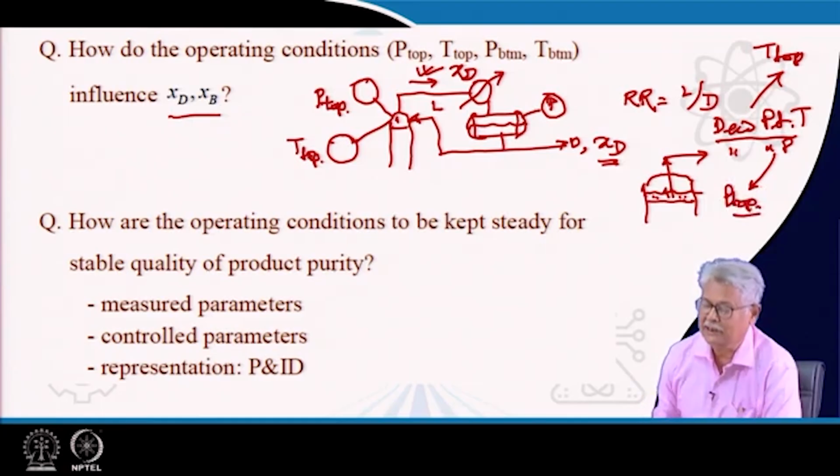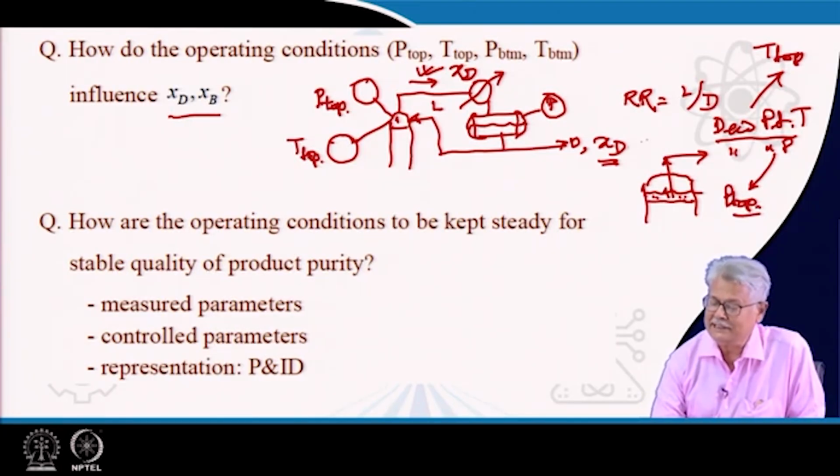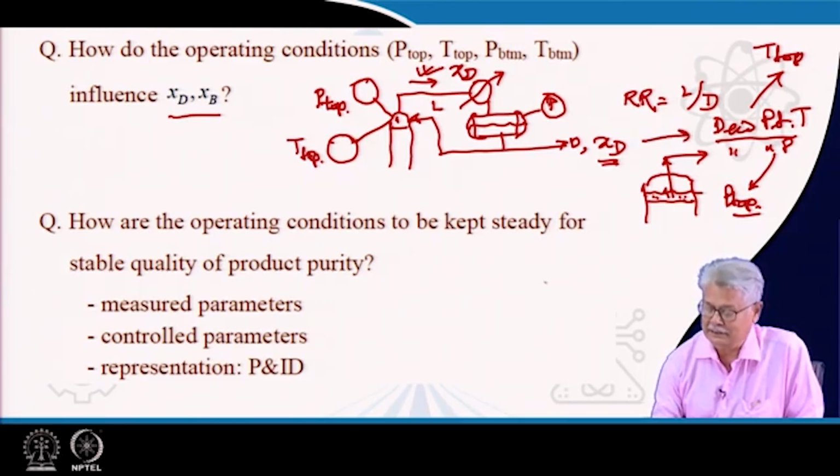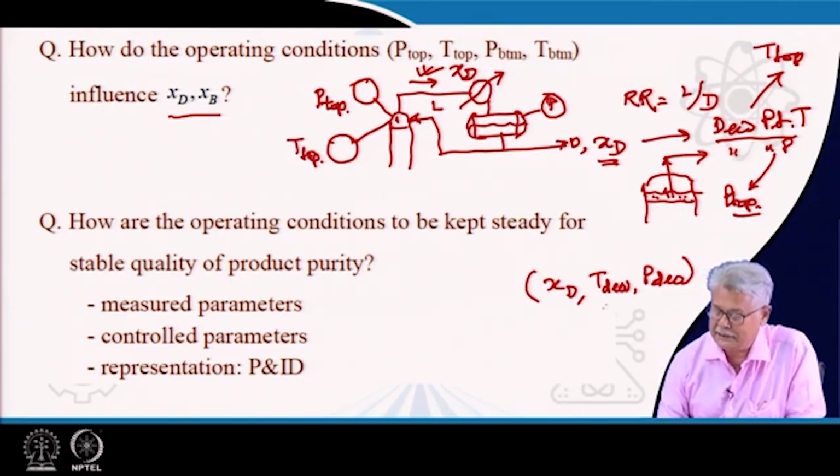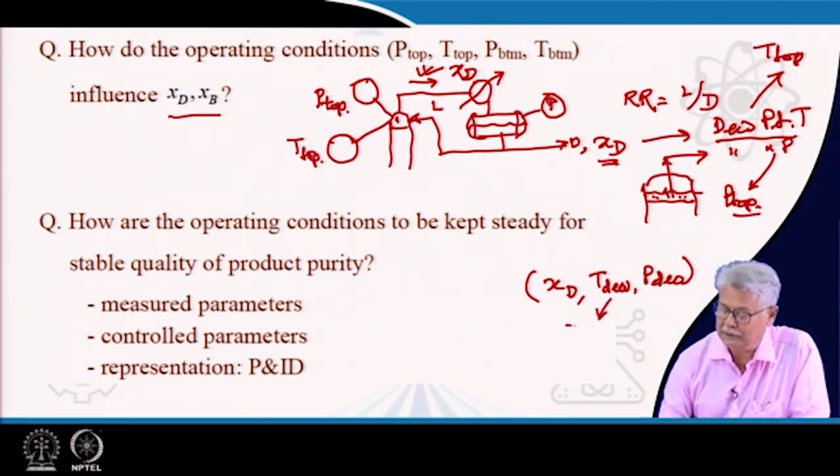So, quite naturally, this XD is a composition whose dew point is T dew, its dew pressure is P dew, and what we know here is that this T dew is T top and this is P top.